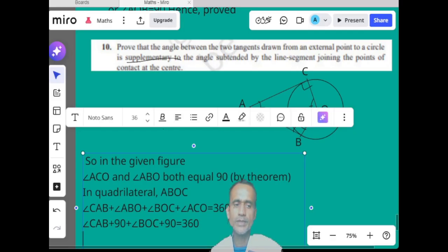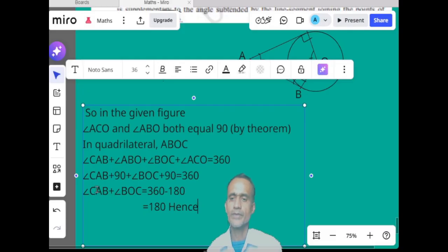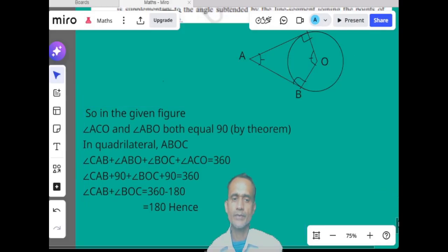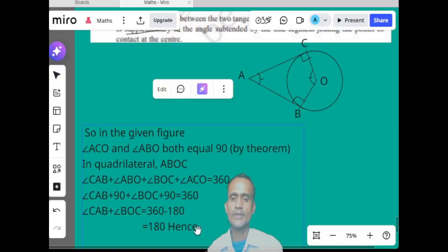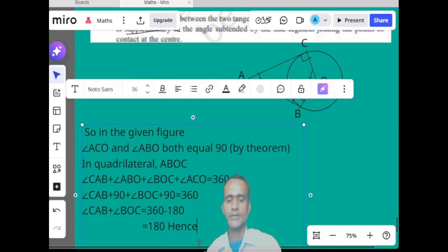CAB plus BOC is equal to 180 degrees. That means these two angles are supplementary.